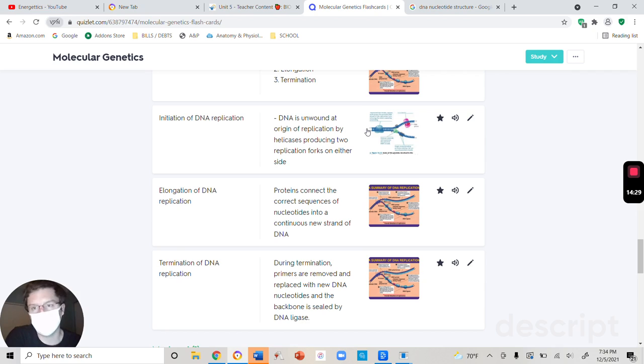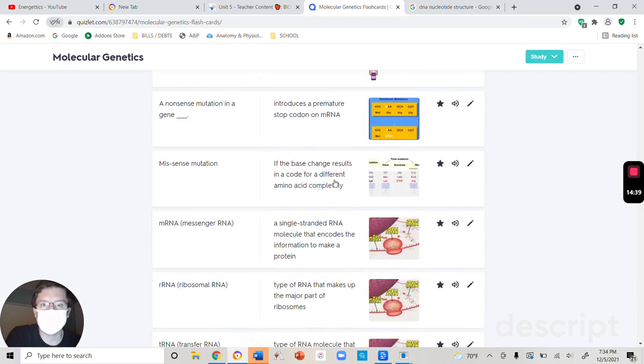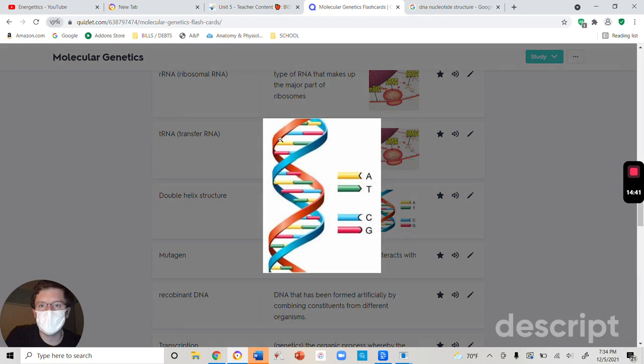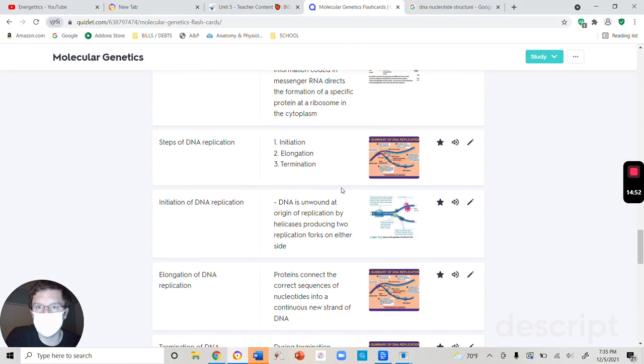That's what this is. So in DNA replication, first is the initiation. We have to unwind our DNA because, as it turns out, when we're messing with a twisty ladder like this, it's kind of hard to work with when it's in this structure. So the first step is initiation, where we start to unwind it.